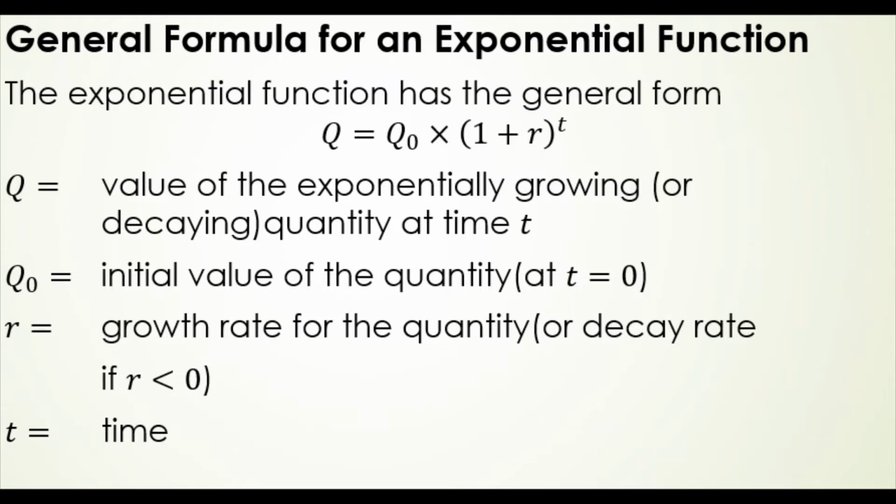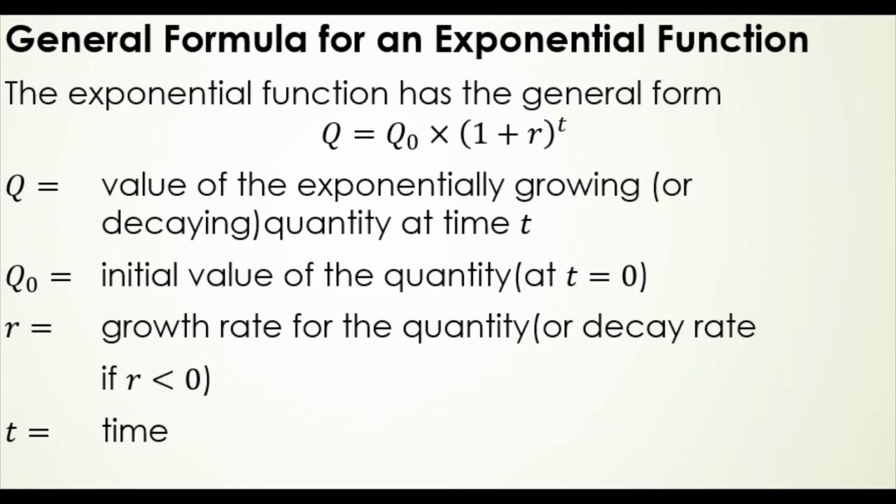r is the growth rate for the quantity, or the decay rate if r is less than 0. And t is going to be the time. So you should recognize this function as being very similar to the interest functions that we learned about when we were talking about money, where we had A, the amount in our account, is equal to the principal times 1 plus r to the t power, where r was the interest rate.